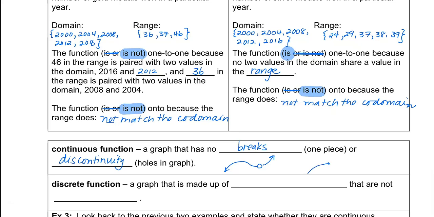Or if it goes like this, and then picks up over here, not continuous, okay? There's discontinuity in this first one here, and there's breaks in the second one.